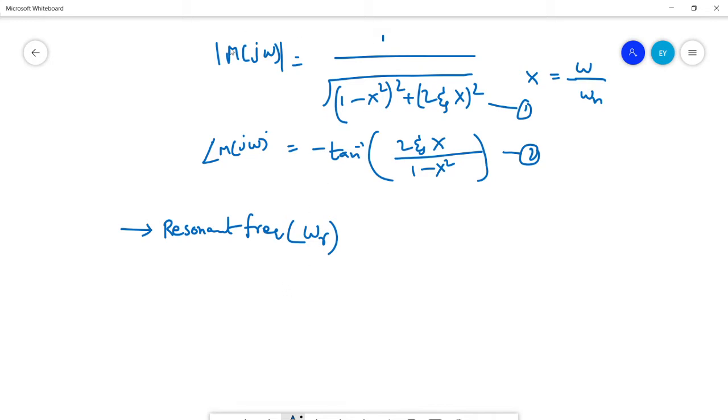If you equate the derivative of this term to 0, you will get the maximum value of it. So to calculate the maximum value of magnitude M, we get dM by dx equal to 0. Why x? Because we are bothered about finding omega. Omega is a function of x, so the derivative will be taken with respect to x, right?